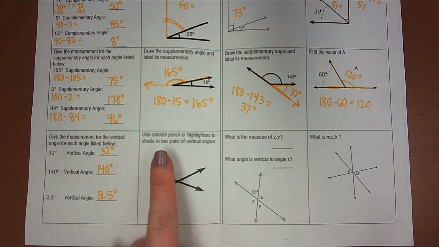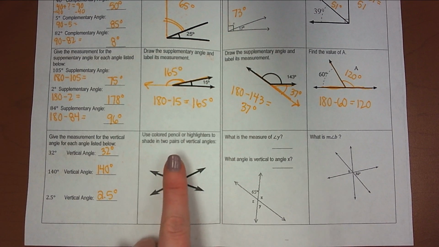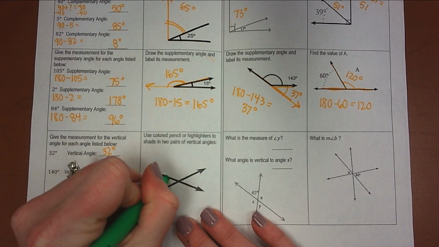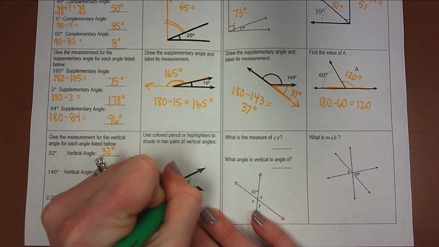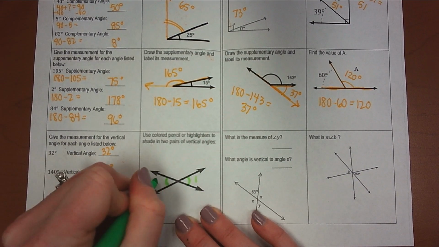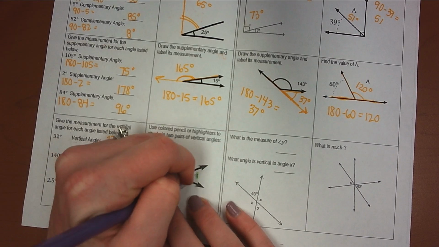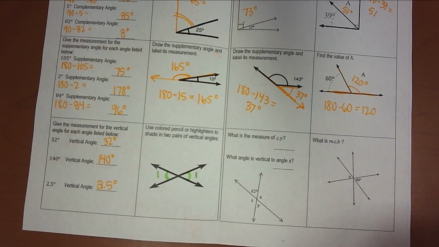And so it says use colored pencil or highlighters to shade in two pairs of vertical angles. So what you see here is first we have one set of vertical angles that are across from each other here. And I'm going to label those 1 and 1 just so that we recognize those both as the same in case you can't see the color very well. And then we're going to have another set of vertical angles.